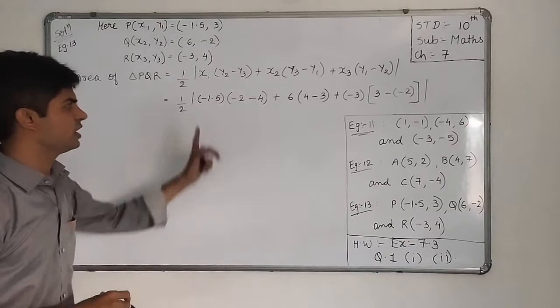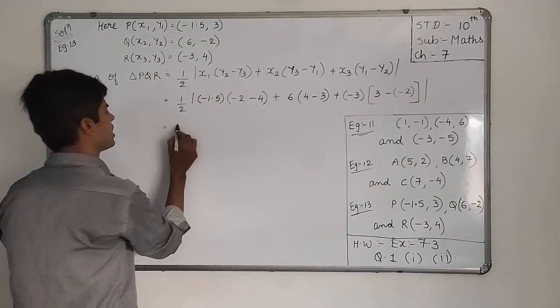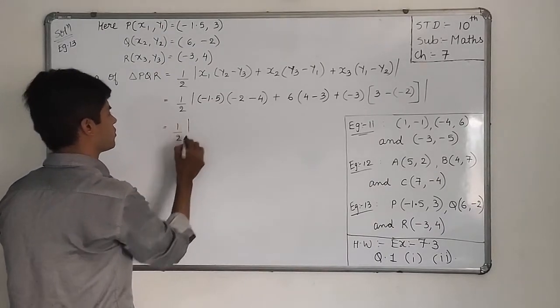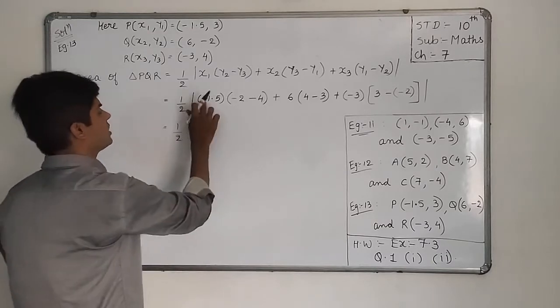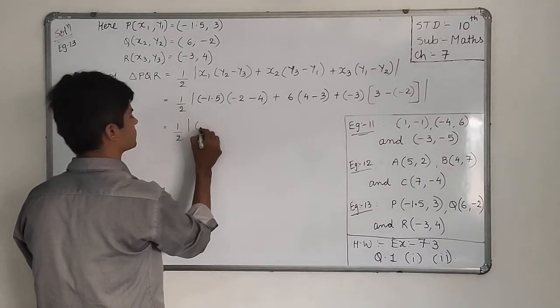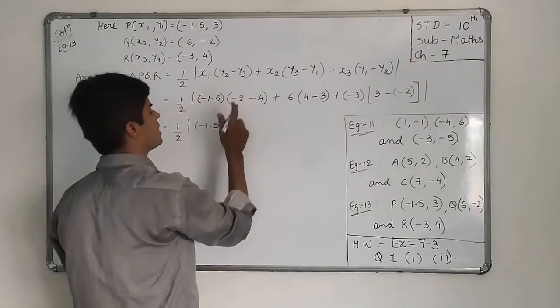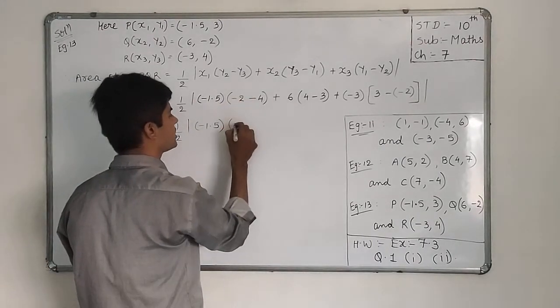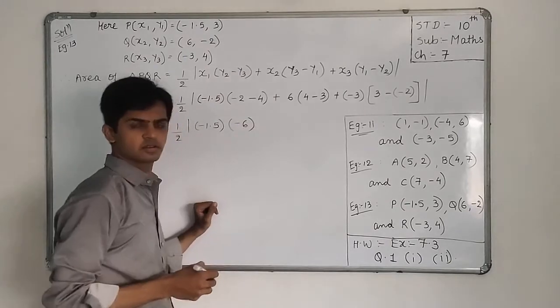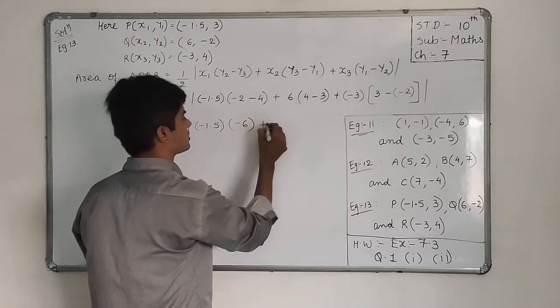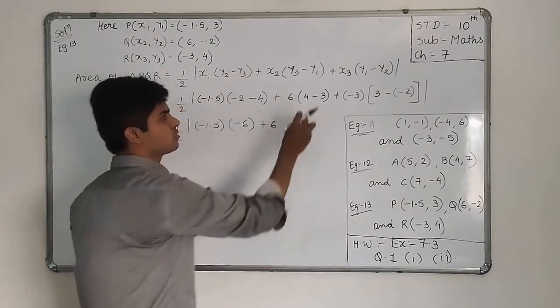Understood? So let us solve this. Half modulus minus 1.5 as it is. Minus 2 minus 4. Minus 2 minus 4 is minus 6 plus 6. 4 minus 3.